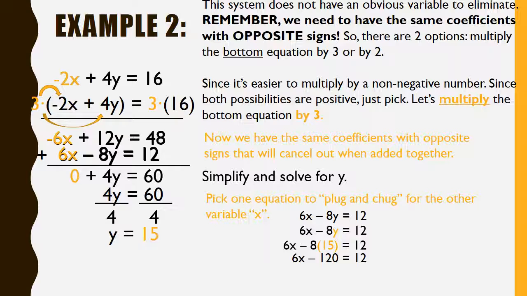So it's going to be 6x minus 120 equals 12. That is subtract 120, so we want to add to undo it. Add it to both sides, and we get 6x equals 132. And lastly, divide by 6, and we get x is 22. So our solution here is (22, 15).